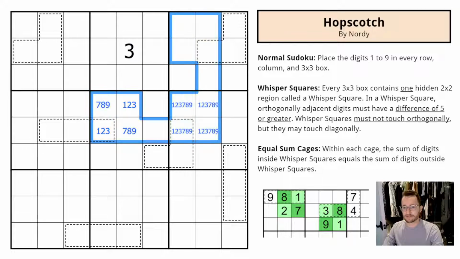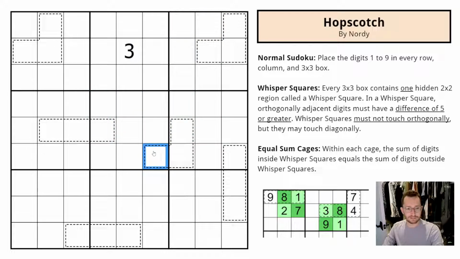The second fact is geometry, which is if we place a whisper square into a box, wherever we place it, say they're here, here, and here, there's an interesting fact about what happens with this row that cuts through the middle of the box. Because we're placing a whisper square somewhere in here, there's going to be two cells contributed to this center row from this whisper square. Doesn't matter if we place it here, here, or here.